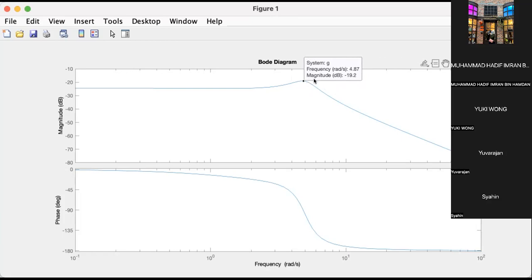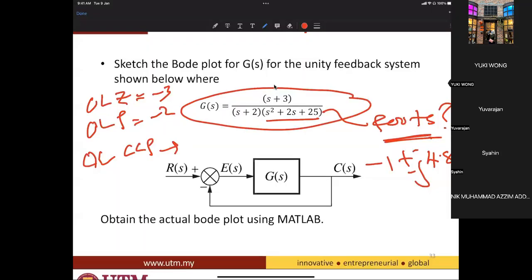So what is the zeta value? Hadif, what is the zeta value? Hadif, datang. Ya, Doktor. Zeta value. Tak pasti, Doktor. Tengok sini.